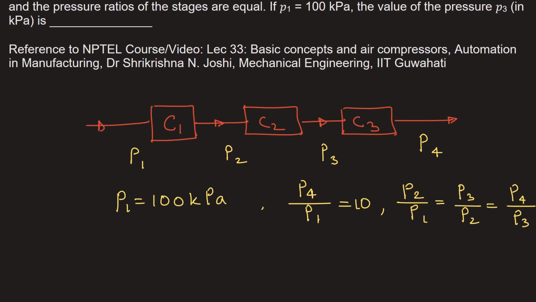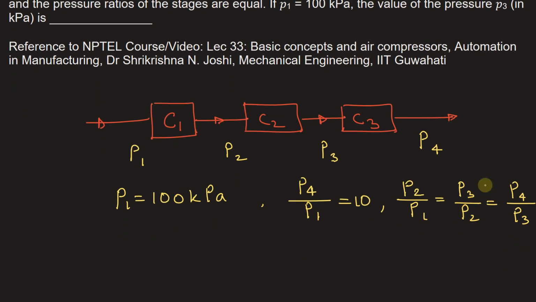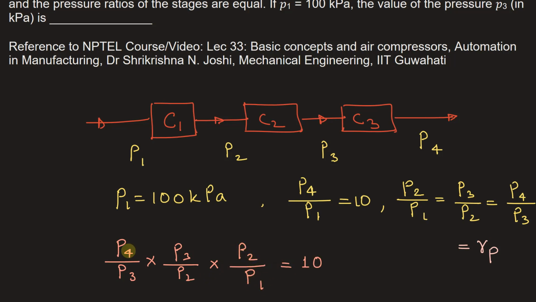Now let's assume that P2 by P1 is equal to P3 by P2, which is equal to P4 by P3, is equal to Rp. Now if we multiply all the compression ratios, we can write P4 by P3 multiplied by P3 by P2 multiplied by P2 by P1, which is P4 by P1, equal to 10, right?